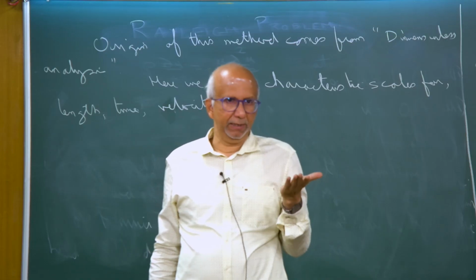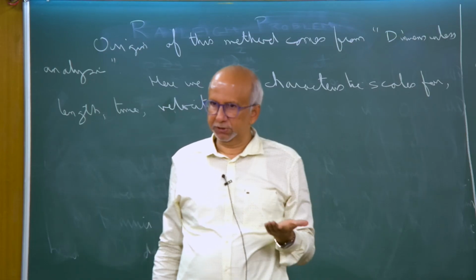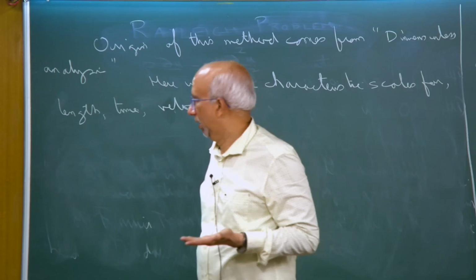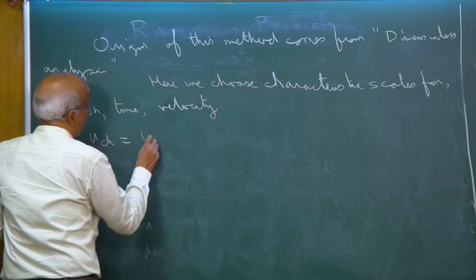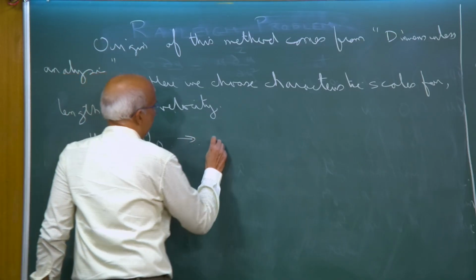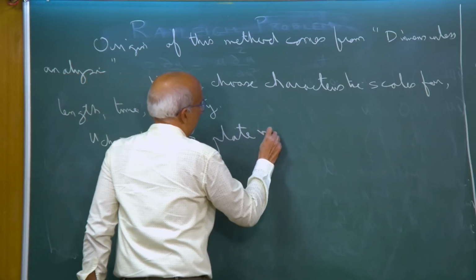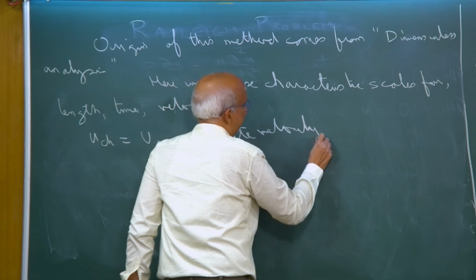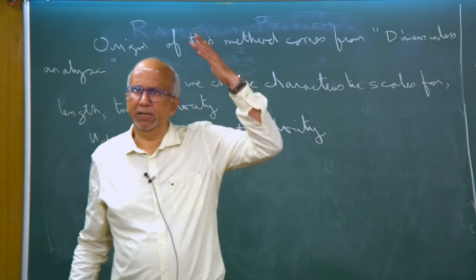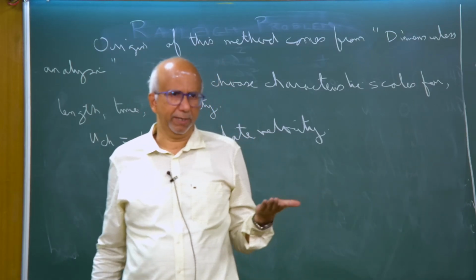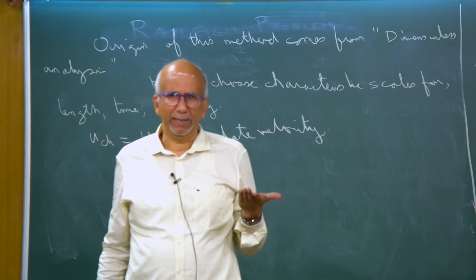For velocity, there is a characteristic scale, it is the velocity of the plate. So, u characteristic equal to u naught, this is the plate velocity, because the flow field is going to be determined by the velocity of the plate. So, that is my automatic characteristic choice.